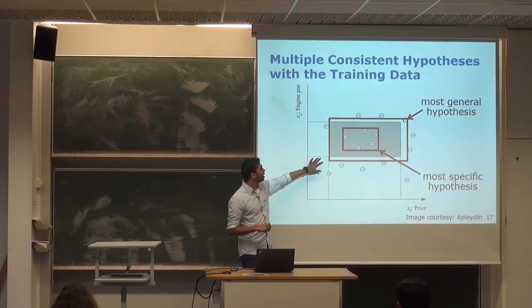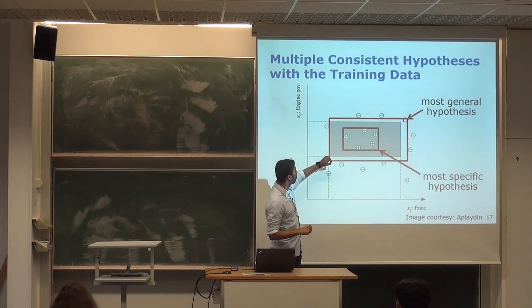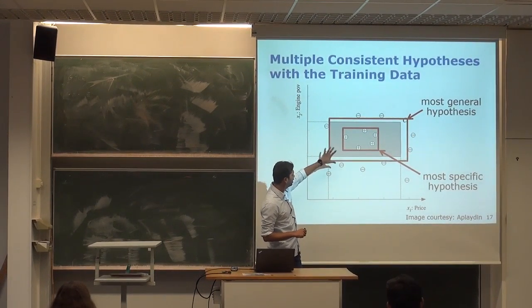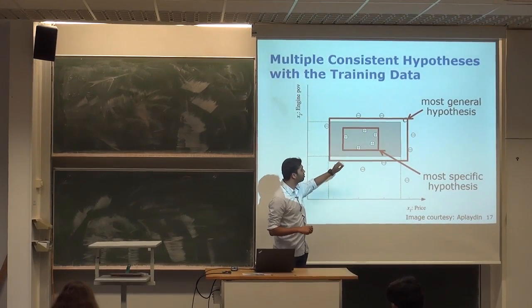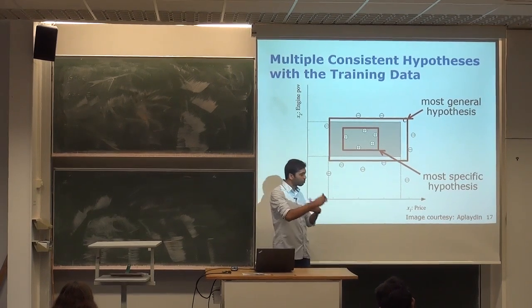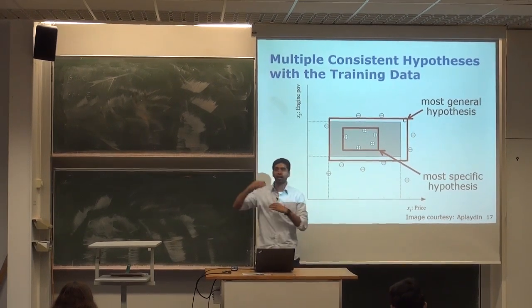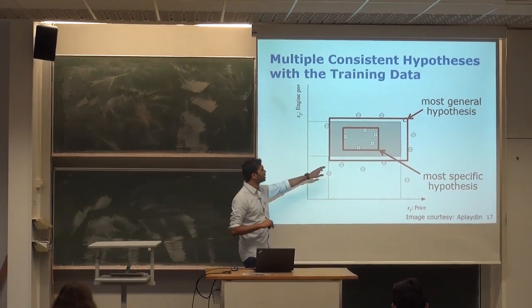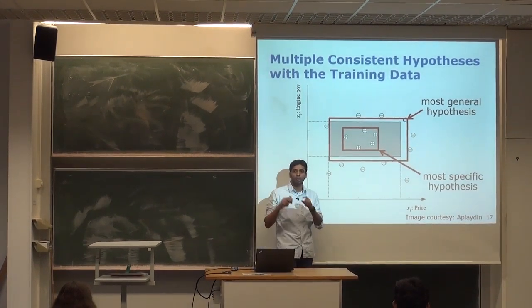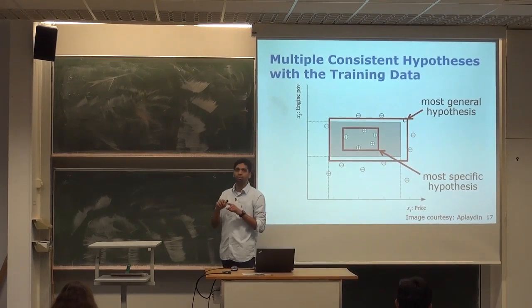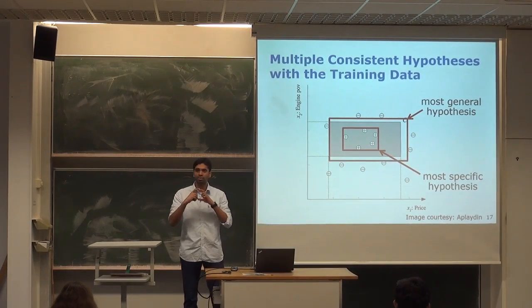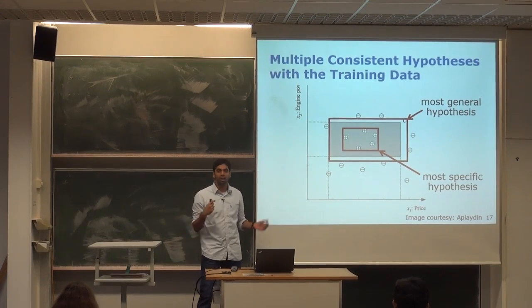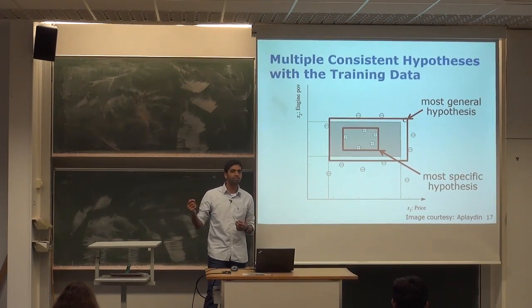It consists of all the examples which are positive and also properly classifies ones which are negative, but right at the boundary. The other boundary is the most specific case, which just draws a very tight box along the positive examples. Both of these are valid Fs or valid classifiers.